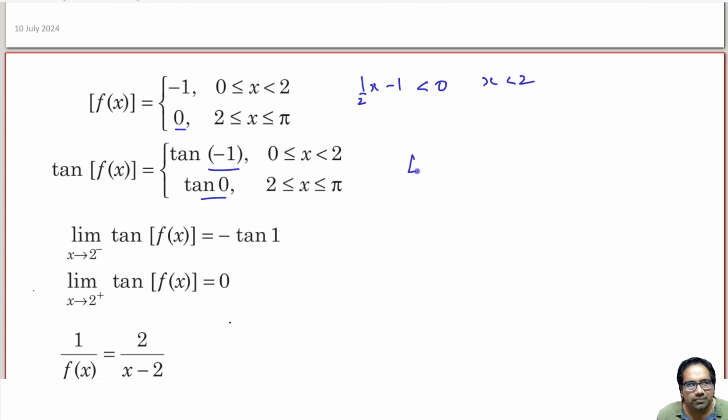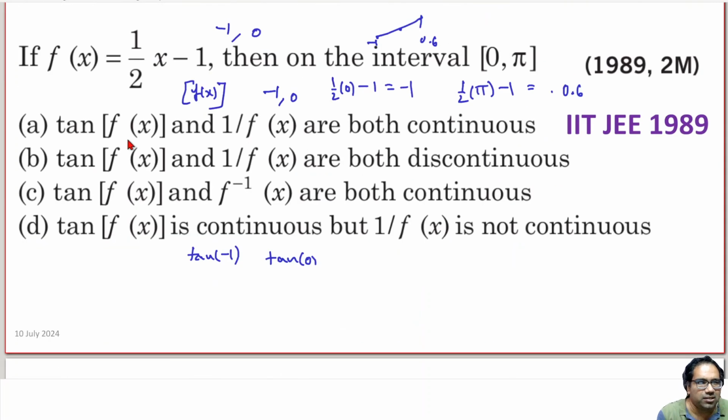The limit when x tends to 2 should be equal to f of 2. The limit from the left side of 2 or the right side of 2, and at the same time f of 2, should all be the same number. Here, the left side number is not equal to the right side, so tan of the greatest integer of f of x is not continuous clearly.